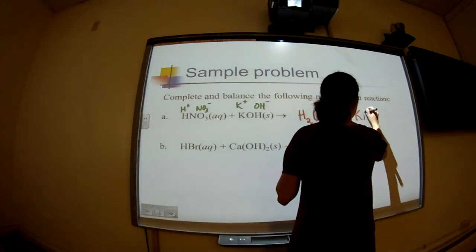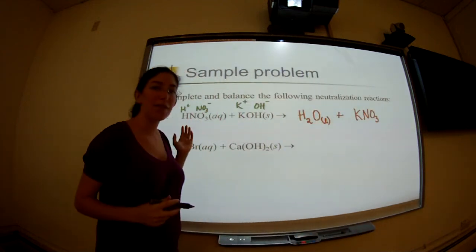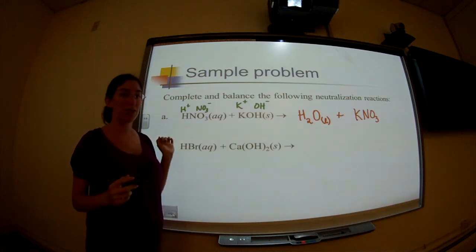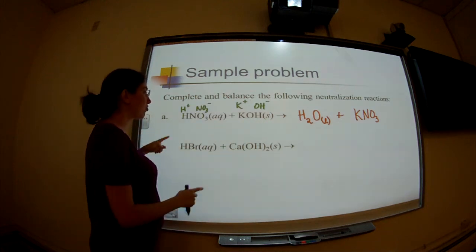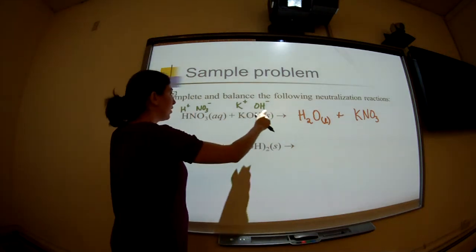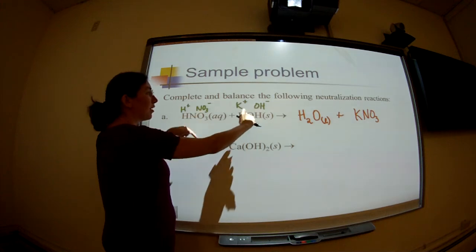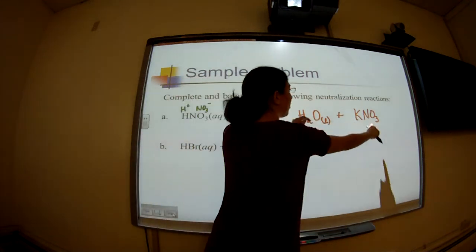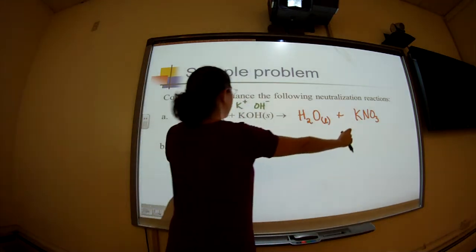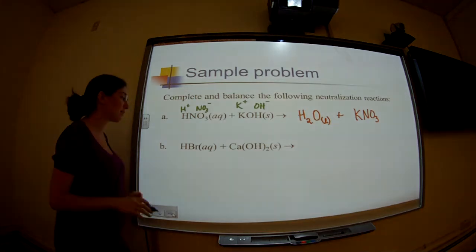So potassium nitrate. Is this a balanced equation? Do we have the same number of atoms on each side? Let's check. How many hydrogens do we have? 2 and 2. How many oxygens? 4 and 4. How many nitrogens? 1 and 1. Potassium, 1 and 1. We're good. All right, so that one's balanced.